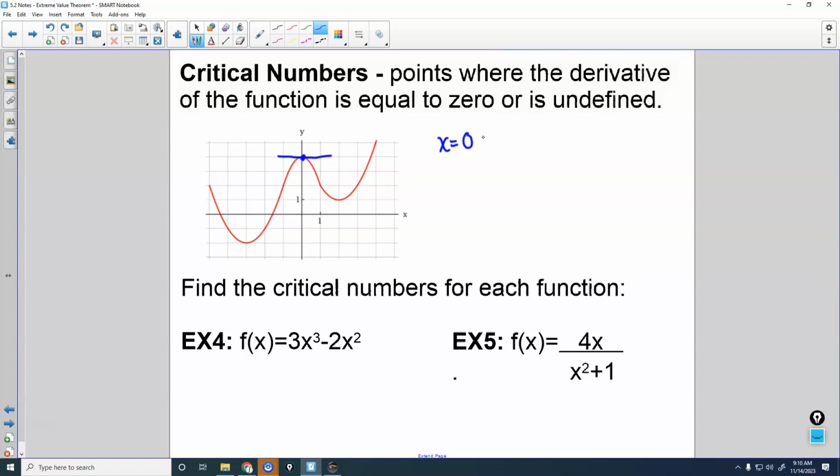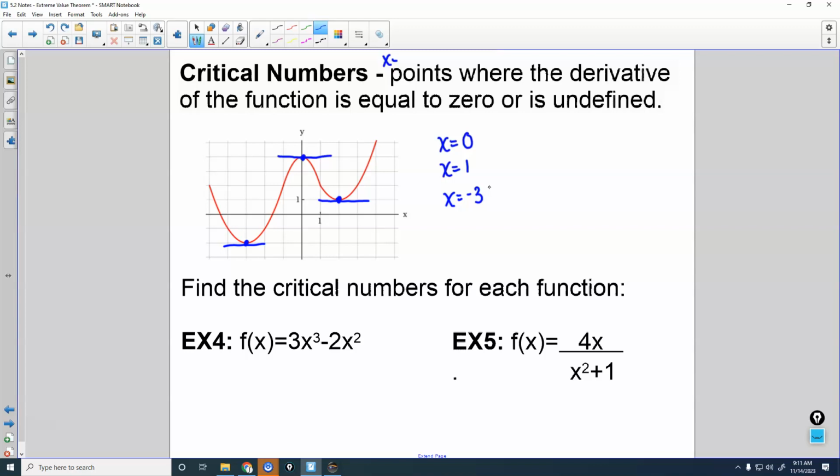Where else would I have a horizontal tangent line where my derivative would equal 0? 2, right there at the point 2, 1. And for critical numbers, I should have put x points or x coordinates. So x equals 1 would also be a critical number. You've got one more here, almost negative 3. So x equals negative 3 would also be a critical number.